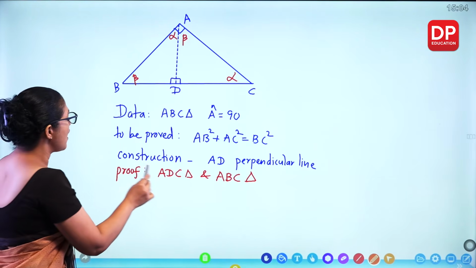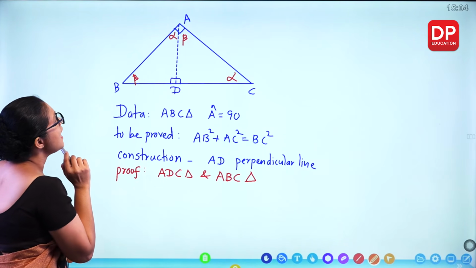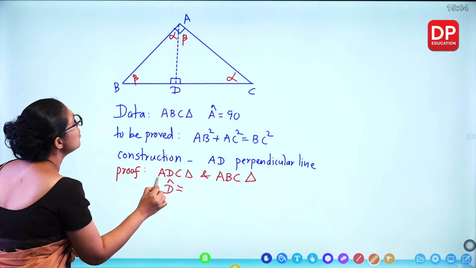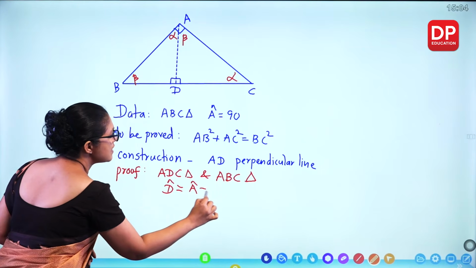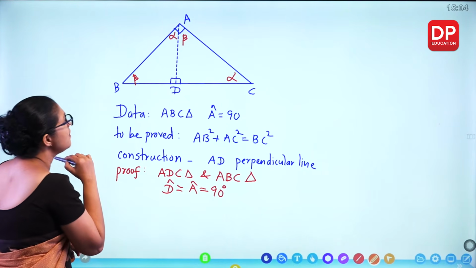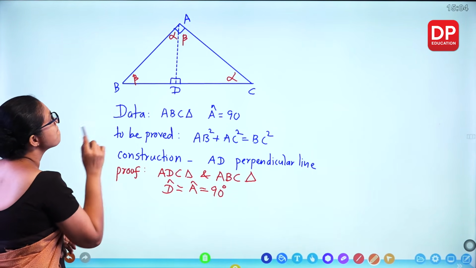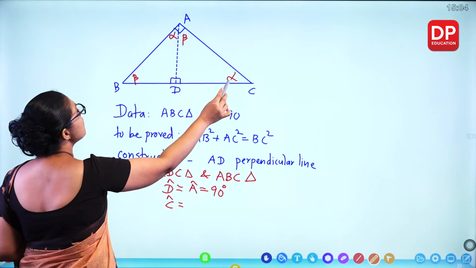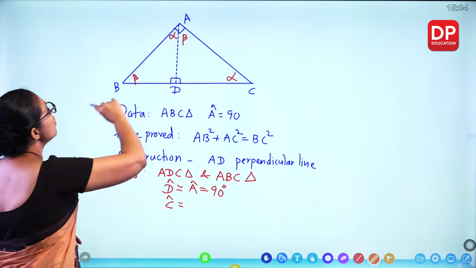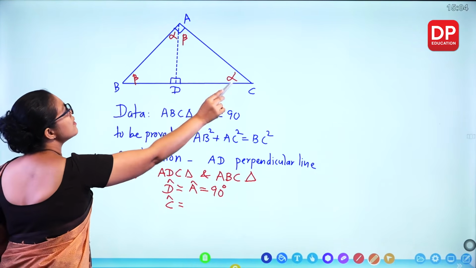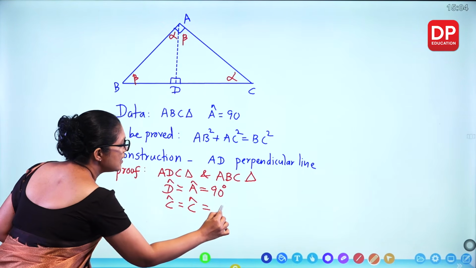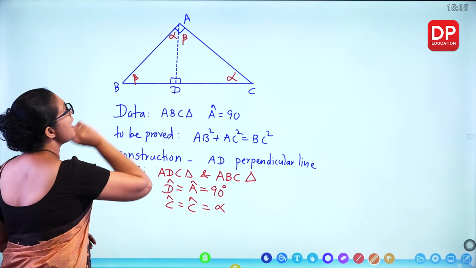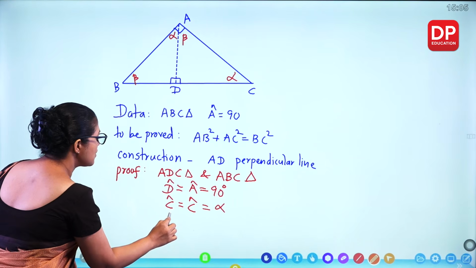So we'll try to find out the angles in the ADC triangle. We know D angle is equal to A angle, that's the 90-degree angle given. Then if you take this angle, C angle, that's alpha, equal to the C angle in the other triangle. Beta angle is A angle in the ADC triangle.